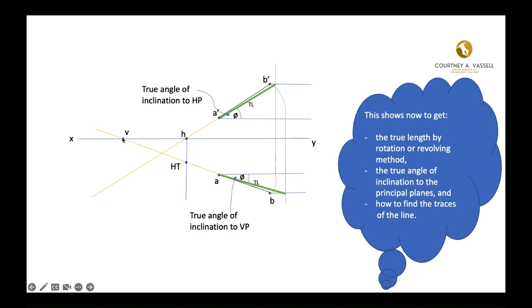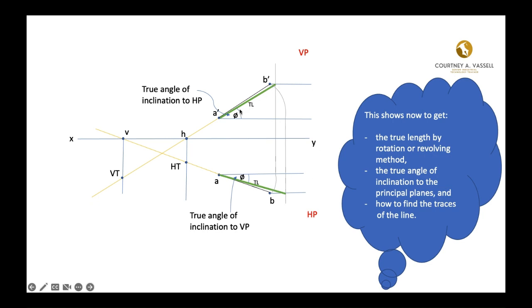Now, projecting a perpendicular line from V, we'll see it cutting the horizontal trace line. So we'll get this point here. This point would now be the exact location of the vertical trace. All right, so again, this is our VP, this is our HP.